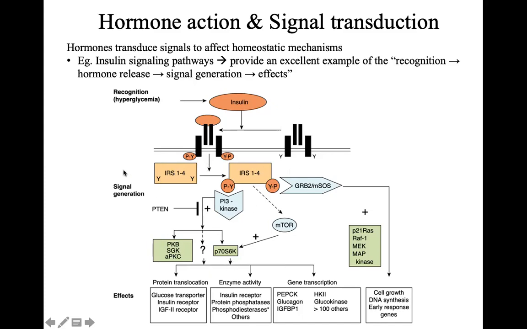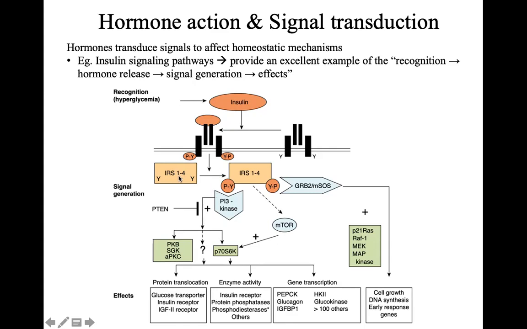So you see, inside the signal generation, there are different, very busy and complicated ways of regulating or activating a certain activity. For example, in protein translocation, that is where the glucose transporter comes into action, the insulin receptor, the IGF-2 receptor. It can be translocated to some other location if they follow this pathway. But how about this pathway?